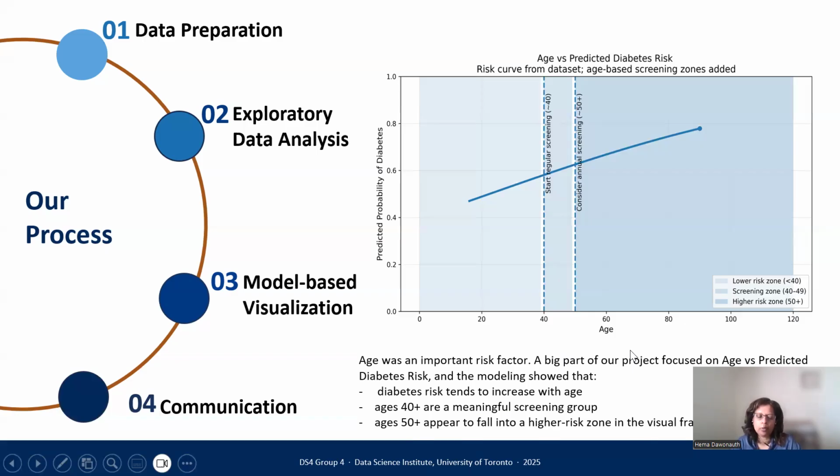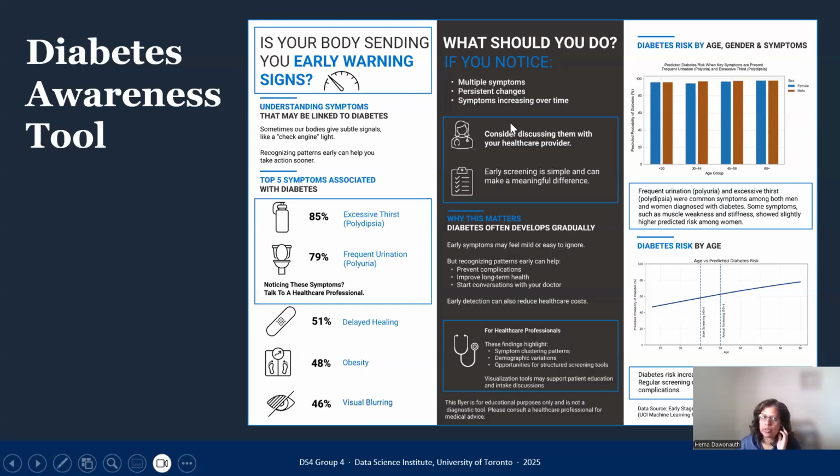For the communication, we used a flyer. This flyer shows the early signs. As I mentioned earlier from the graph, excessive thirst and frequent urination are the top two symptoms.